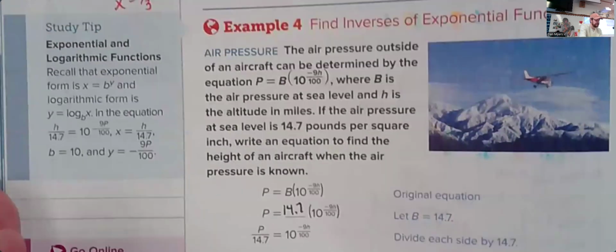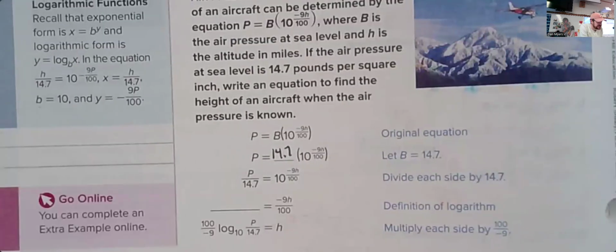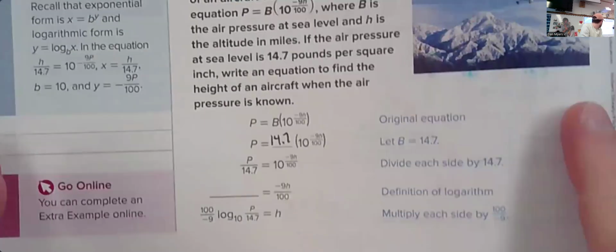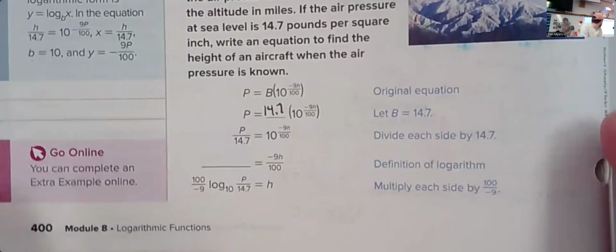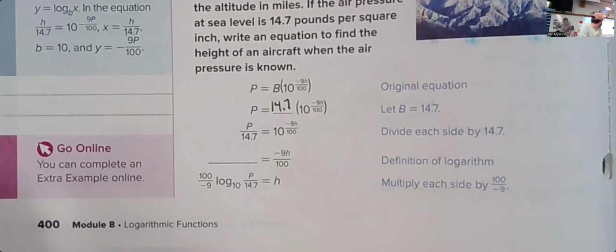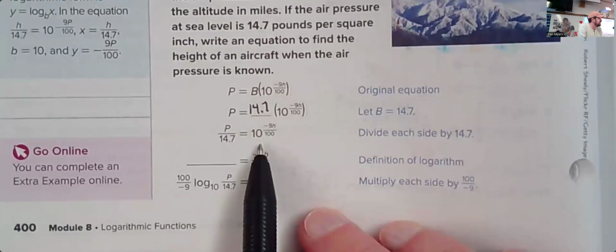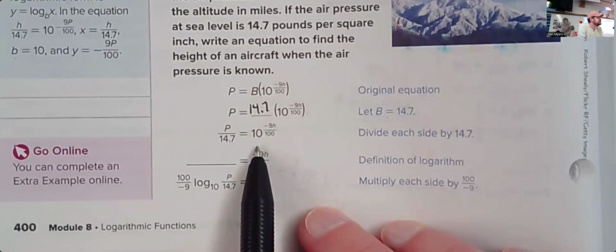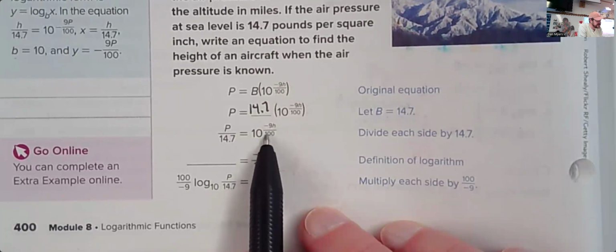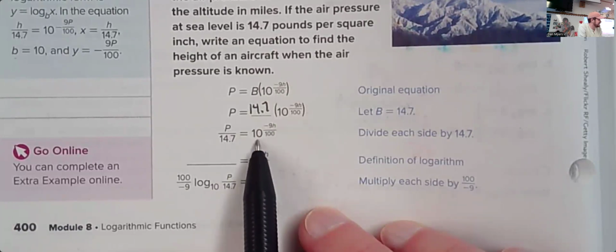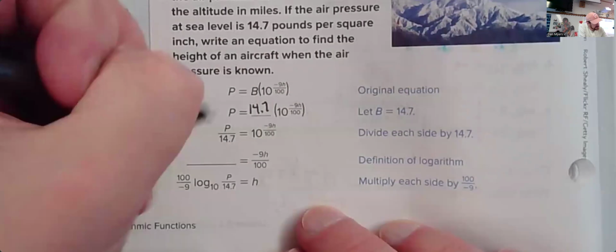So here we go. We're going to write log base what? What's our base value of this exponential function? What number has the exponent? Negative 9 is in the exponent, but 10 is the value that has the exponent. So yeah, 10 is our base. So we're going to say log base 10.